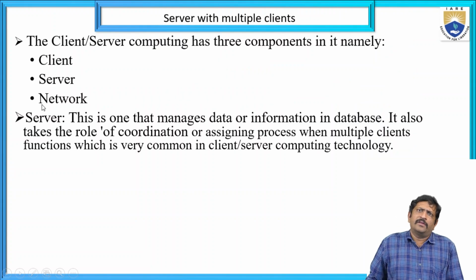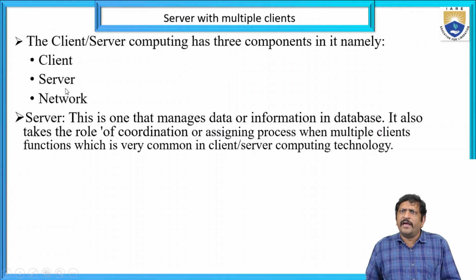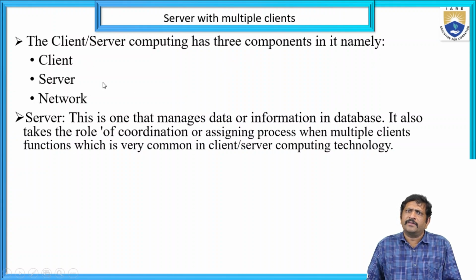You'll see that client server computing has three components. Here one is client server networking. If you take the server, it is the one that manages the data or information in a database system. It may maintain the data of a particular organization, university or hospital.